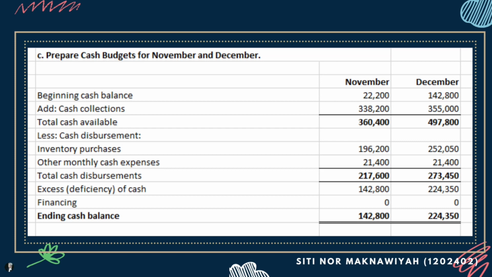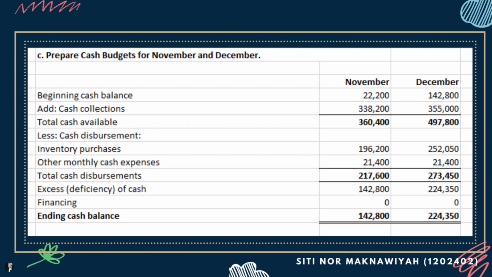We can get the amount from question B, the required purchases, which is 252,050 ringgit. And then other monthly cash expenses are the same amount as November, which we can get from the question, 21,400 ringgit. If we add those two amounts, inventory purchases and other monthly cash expenses, we get the total cash disbursement for December.